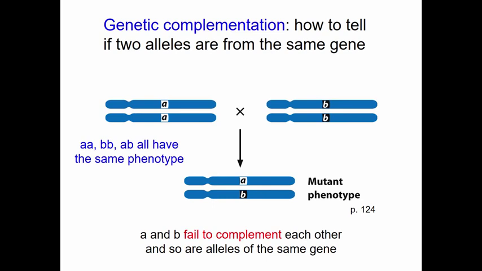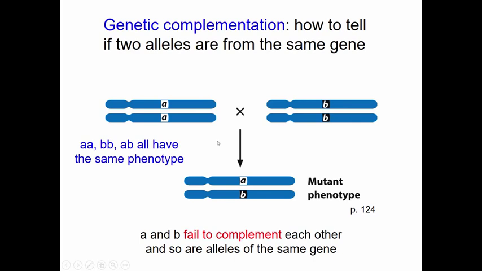So the progeny all get a chromosome with the little a mutant from the left parent, and little b mutant from the right parent. And then the question is, is the mutant phenotype seen or not? If each of the two alleles being tested are both alleles of the same gene, then that gene is broken in both alleles.